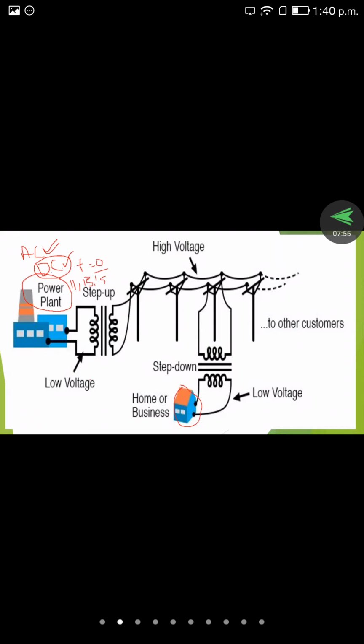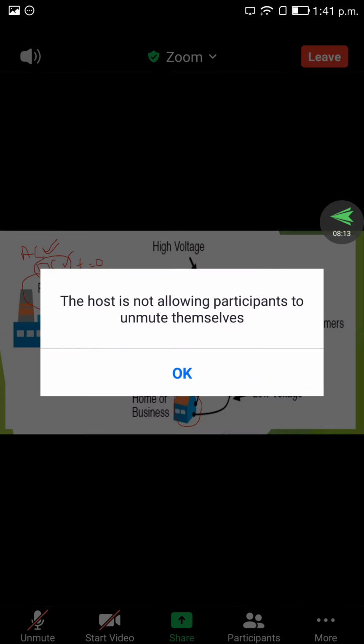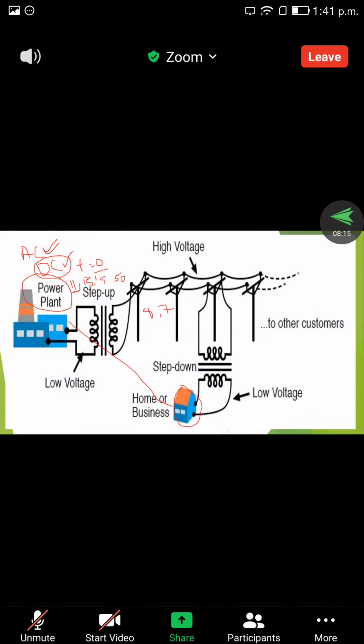Assume the power plant produces 11 kV. If the distance is 50 kilometers, then the loss may be maybe 7 or 8 kV, and the rest reaches the consumer from the generating station.